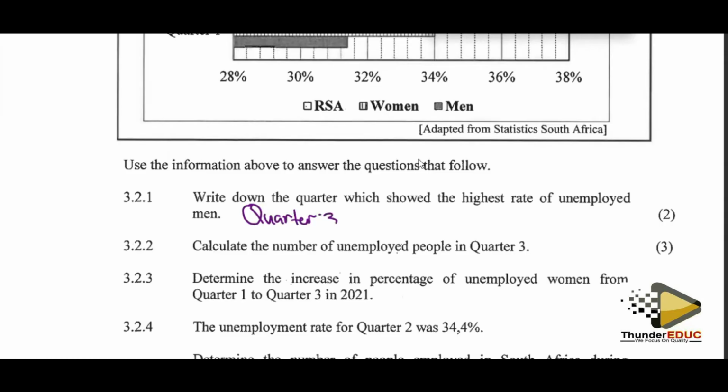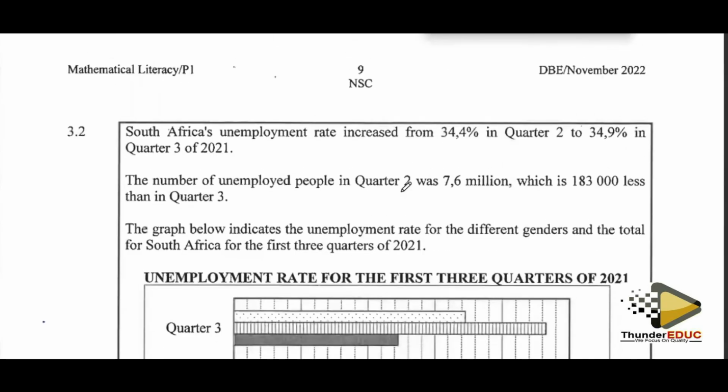Quarter 3. Then 3.2.2, calculate the number of unemployed people in quarter 3. In quarter 2, this was the number, which is less than. That means quarter 3, it's more. So you're going to get the 7.6 million.